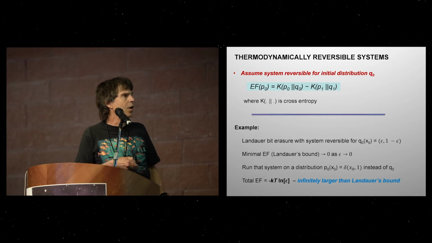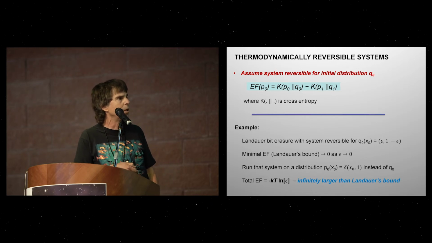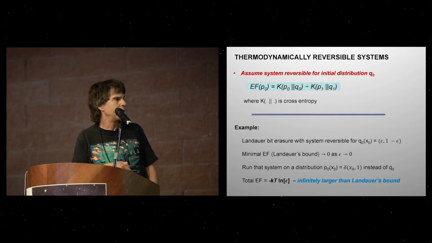The minimal entropy flow, the minimal heat generated by this, which is thermodynamically recoverable, goes to 0 as epsilon goes to 0. But now let's say my assumption was wrong, that the system actually is run on a different initial distribution. To make things extreme, let's say it's run on a delta function distribution.